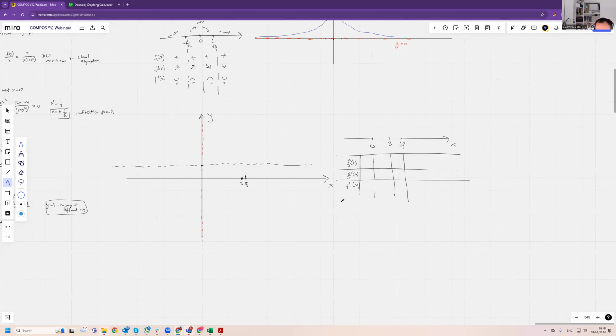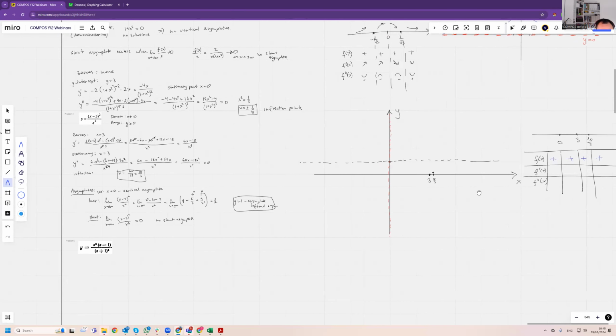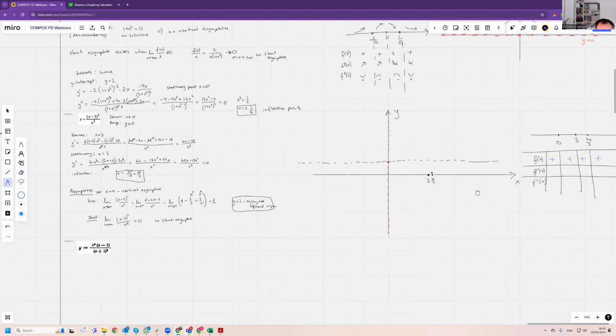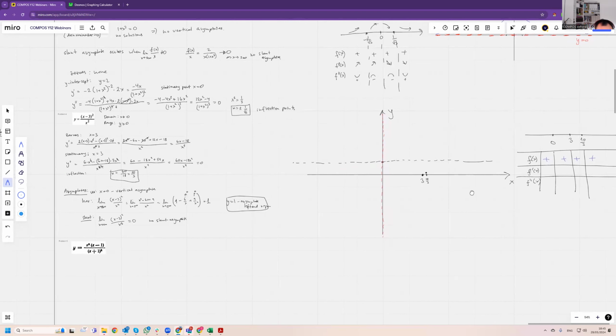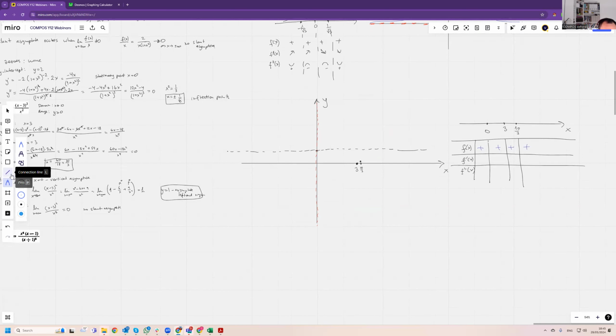Okay, so we've established that the function is always positive. And then the derivative is up to 3, negative. Oh no, so the derivative is this one, and you can see that it changes sign twice.